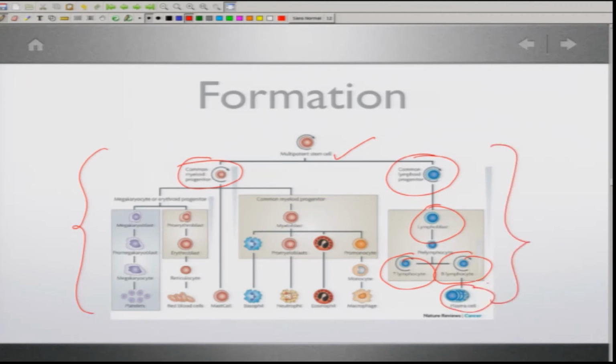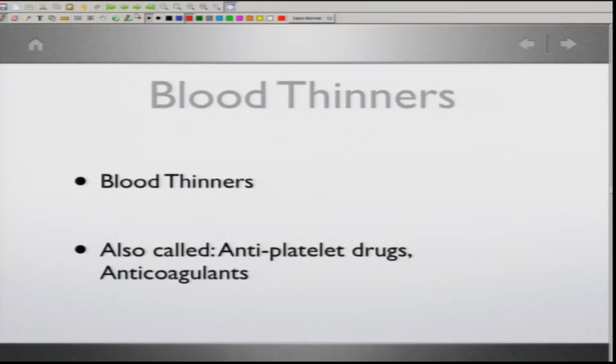So, this is another route where T and B cells are formed, whereas common myeloid progenitor leads to megakaryoblast, which forms platelets, and proerythroblast, erythroblast, reticulocytes and red blood cells, and also myeloblast, which forms basophil, neutrophil, eosinophil, whereas promonocyte forms macrophages. So, these are the fates of the BMSCs which are undergoing division.